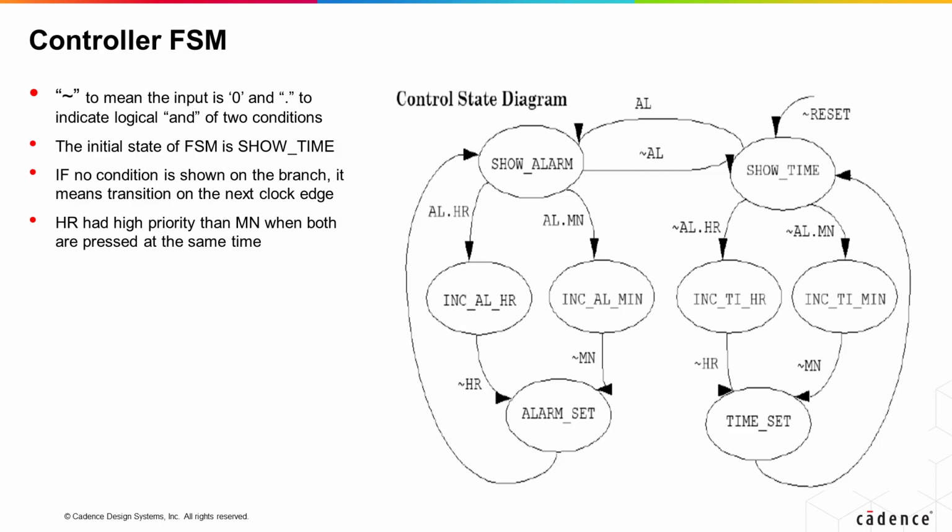While in this state, if AL goes low and HR goes high, the transition occurs to increment_TI_HR state. Else, if AL goes 0 and MN goes high, the transition occurs to increment_TI_min state. While in increment_TI_HR state, if HR goes 0, then the transition occurs to time_set state.